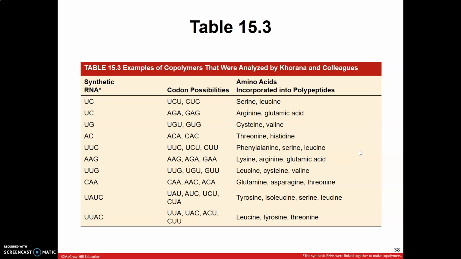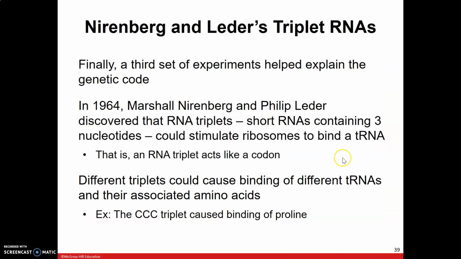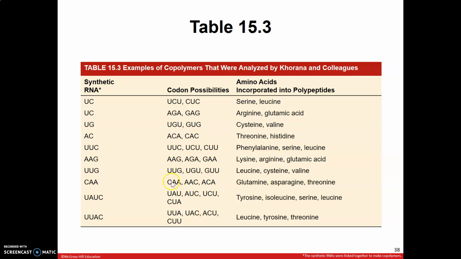They were able to determine how each copolymer stuck to particular codon sequences associated with a given amino acid, and in that way, they were able to identify a few of the triplet codes associated with given amino acids.